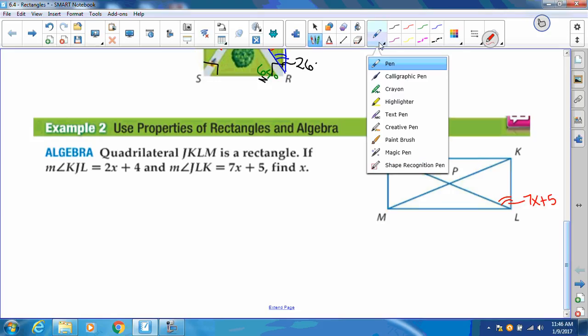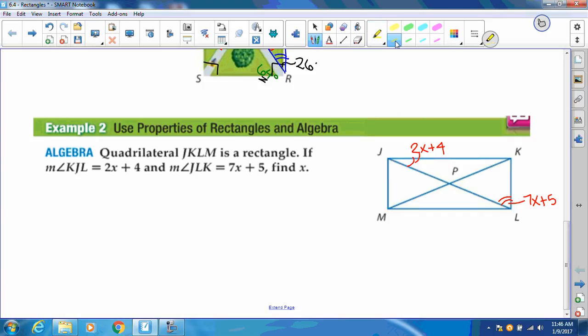So if you look at this, we have a triangle here, and because we know it's a rectangle, we know this angle up here is 90, so we're looking at a right triangle, which means all three of those angles add to 180. And remember, if one angle is already 90, then we know that these two have to add to 90. They have to be complementary.